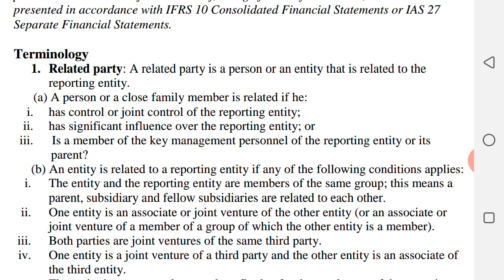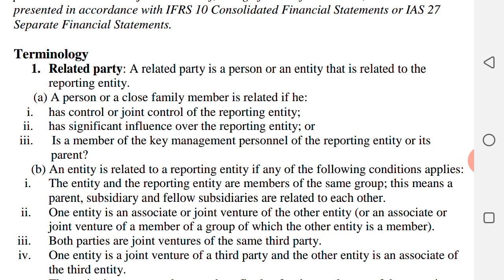Now, when we say a person, how will a person be a related party to the reporting entity? We said if it has control or joint control of the reporting entity. That means either the person has control or joint control of the reporting entity, or if it has a significant influence over the reporting entity.